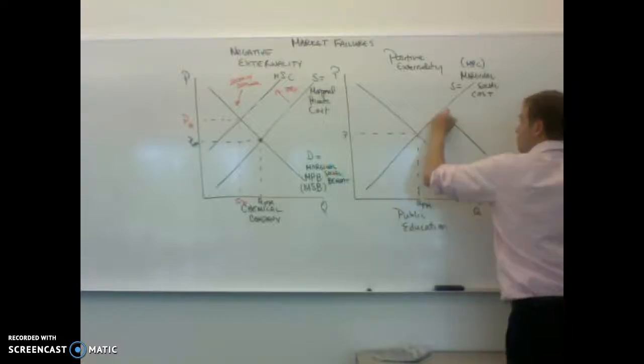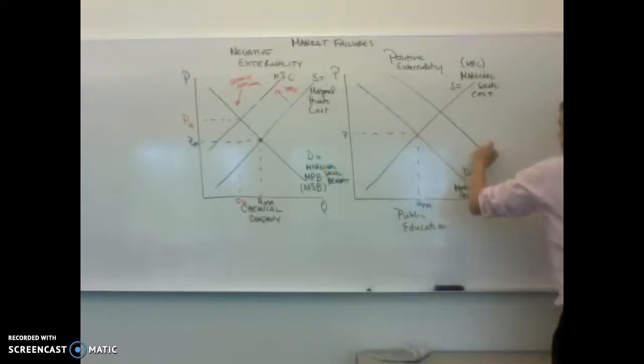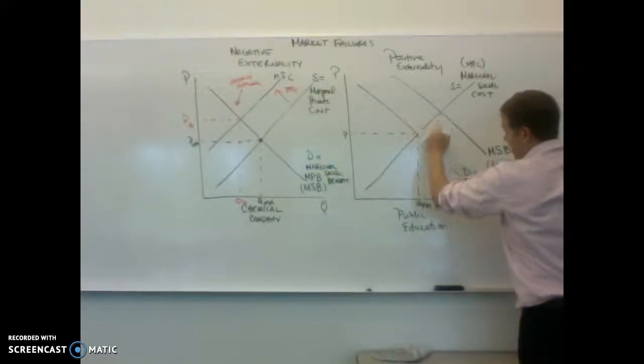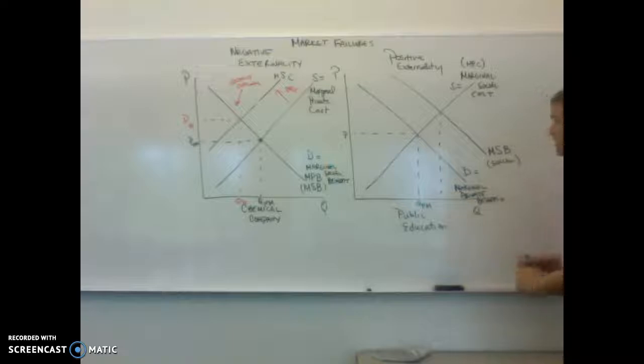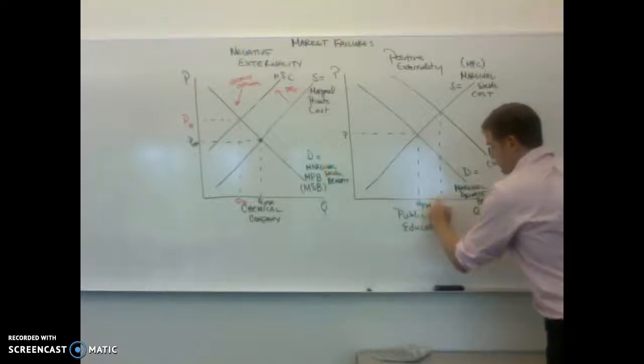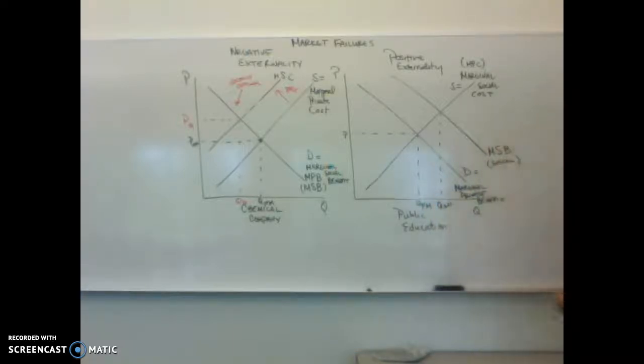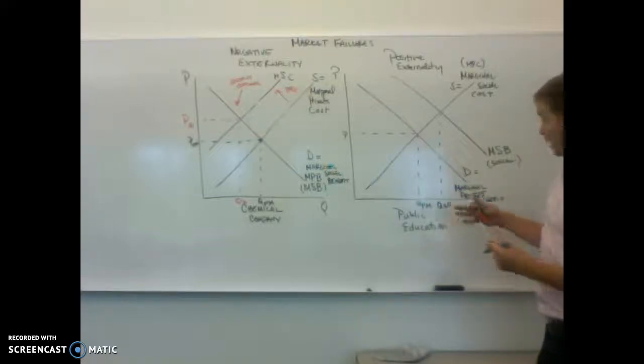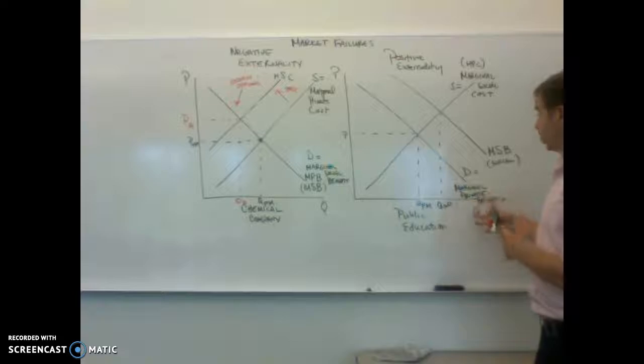So the additional benefit is the marginal social benefit. What it's saying is that the quantity of public education that we want to see for society is actually much higher, right? Because there are all these benefits that are not being calculated in. We want to see more people getting more education, right?